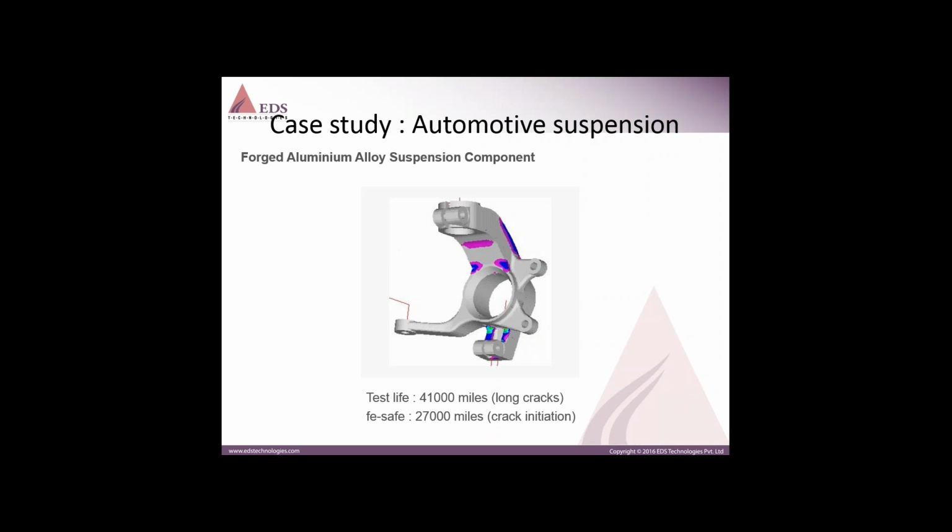Here you can see the test life is 41,000 miles before it generates a longer crack. This has already gone to fracture or crack propagation stage, whereas FESafe predicted 27,000 miles, and that is crack initiation. So you can see a very close correlation.